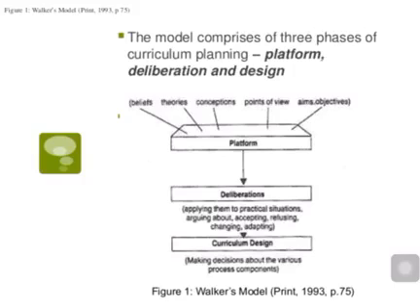This is an intense deliberation process where they put in their beliefs, theories, and conceptions. It starts with the platform first, where all teachers come in and discuss what they think of how to go forth with the subject or how to teach. They deliberate, and then in the end they come up with the design.